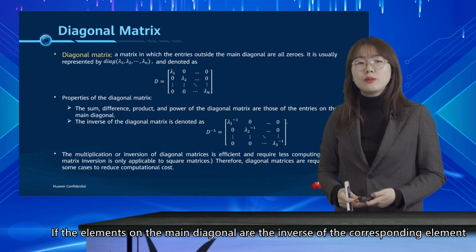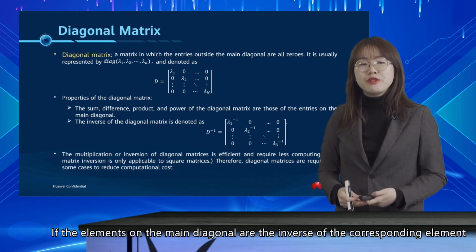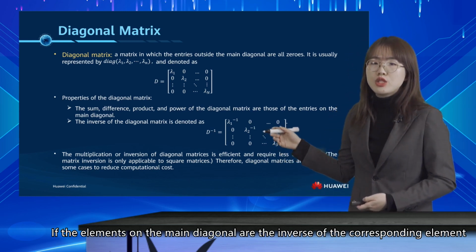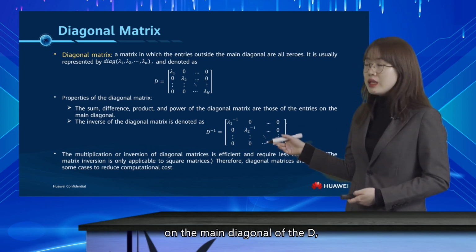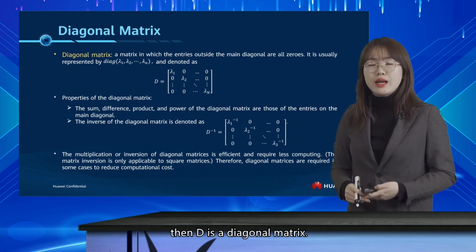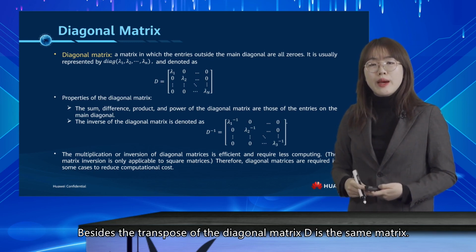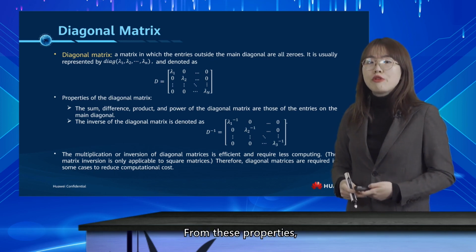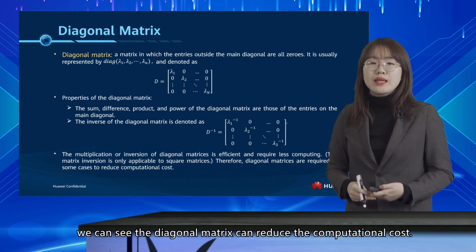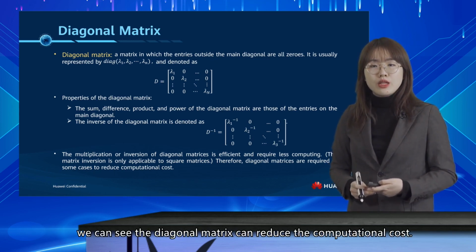If the elements on the main diagonal are the inverse of the corresponding elements on the main diagonal of D, then D is a diagonal matrix. Besides, the transpose of the diagonal matrix D is the same matrix. From these properties, we can see the diagonal matrix can reduce the computational cost.